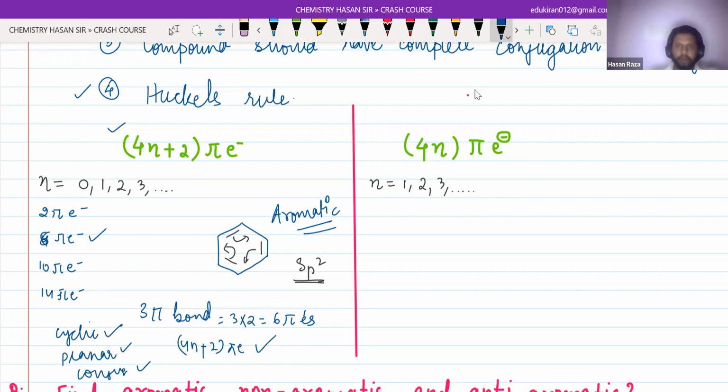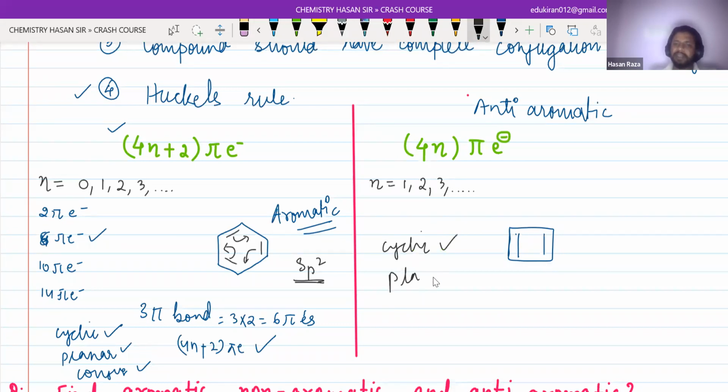Now I'm going to show this, for anti-aromatic. So I'm going to take an example of this. Now you can see cyclic, yes. Planar, you can see each carbon having sp2, yes.